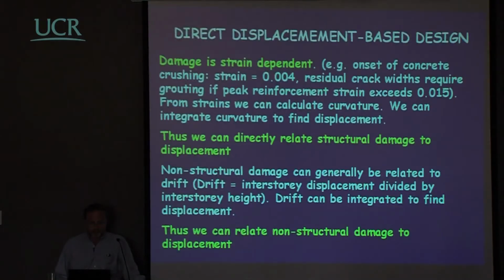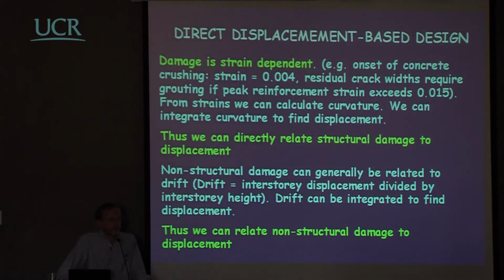So the point is that direct displacement-based design is to be preferred not simply because there is more correlation between displacement and performance, but also for another series of reasons. It is important to note immediately that from a structural point of view, damage is strain dependent.